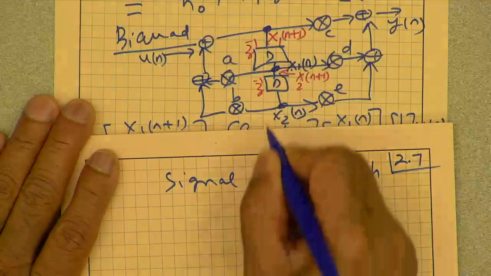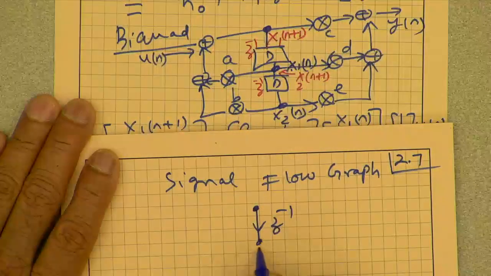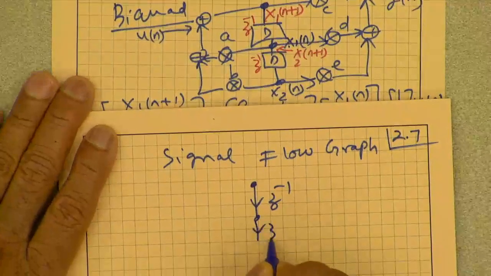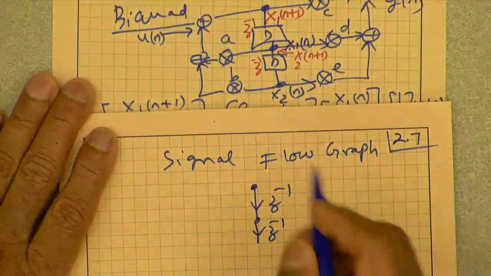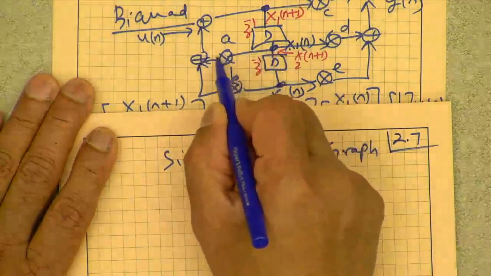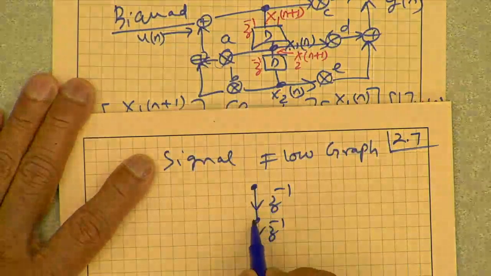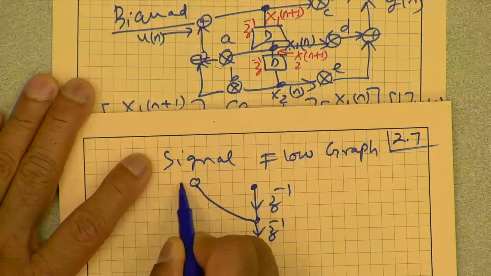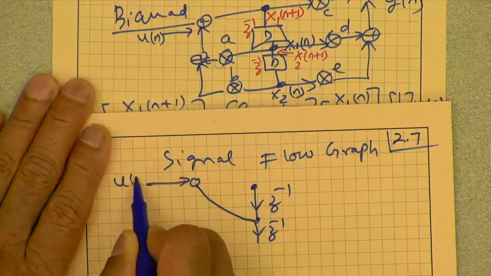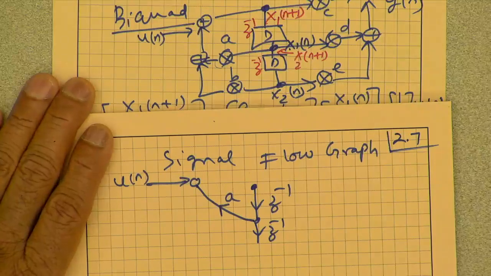So, if I start with that node here and then z to power minus 1 and z to power minus 1, okay, and then these multipliers a, that becomes just a path. Instead of showing this explicit multiply and the add nodes, so we have input u, and this is how we describe that multiplication.